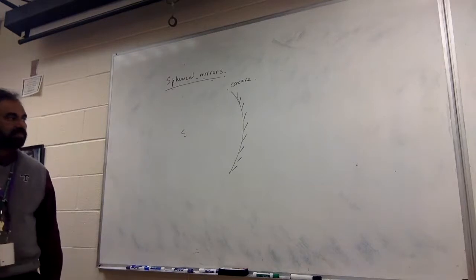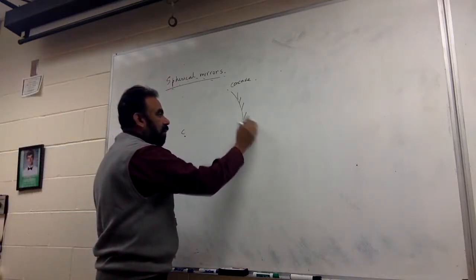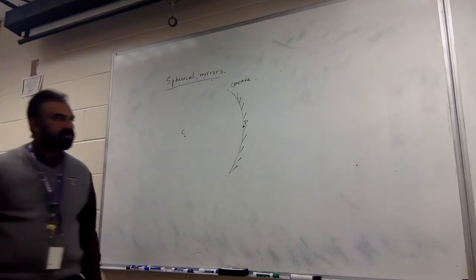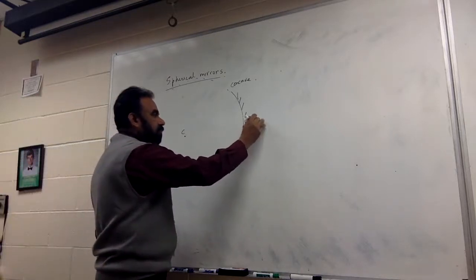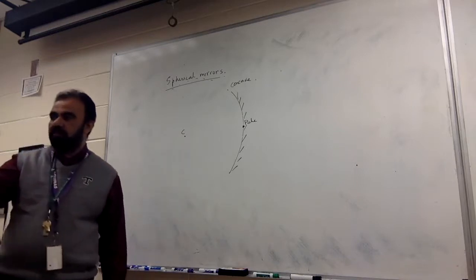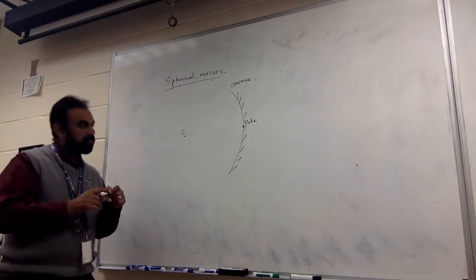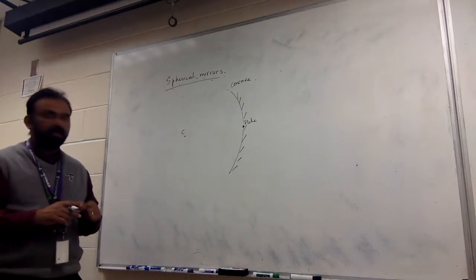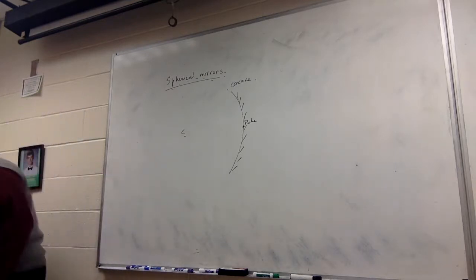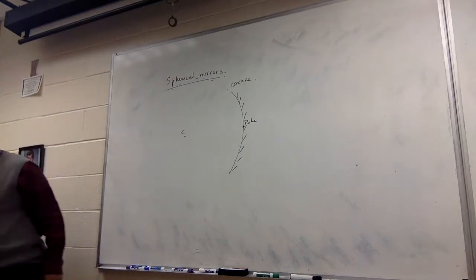And then the pole of the mirror. The pole of the mirror is the geometric center of the mirror itself. So the very center of the mirror, that's called the pole of the mirror. Like for this mirror, it is right there. It's on the mirror.